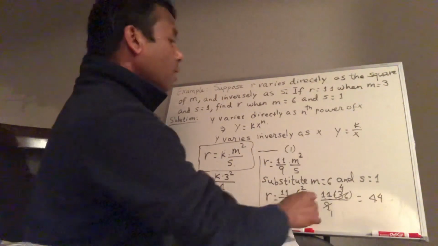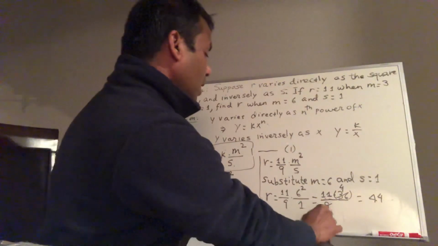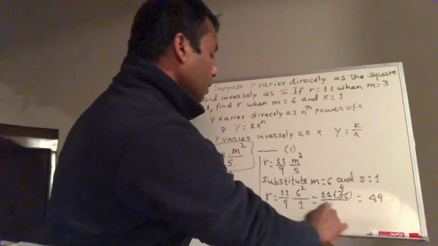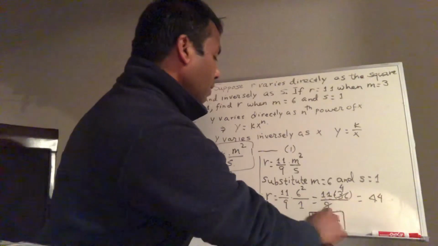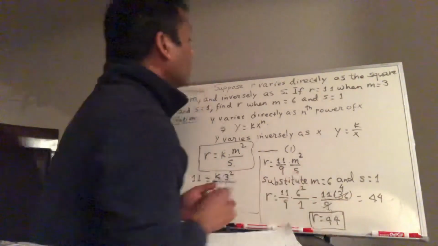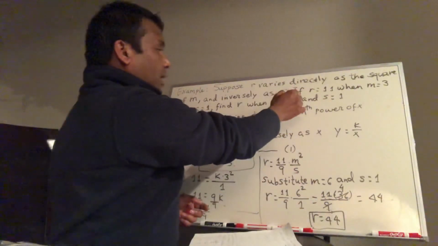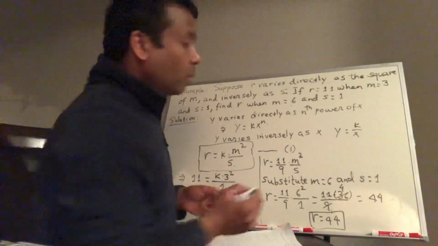So the value of R is 44 when M equals 6 and S equals 1.